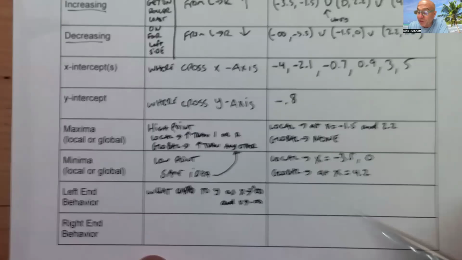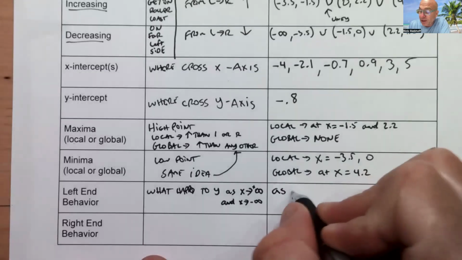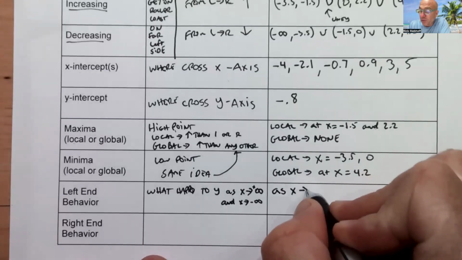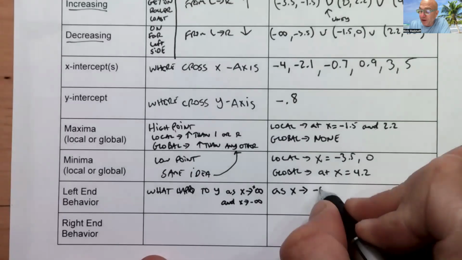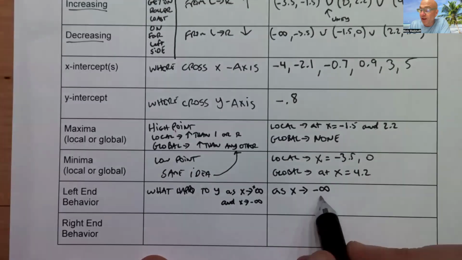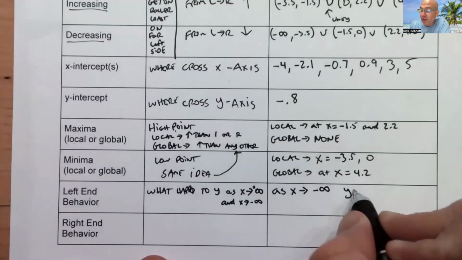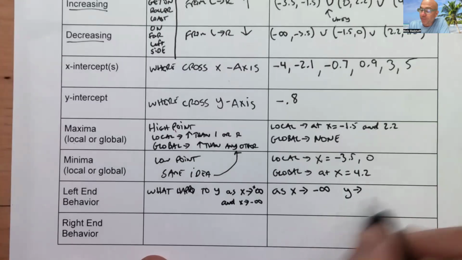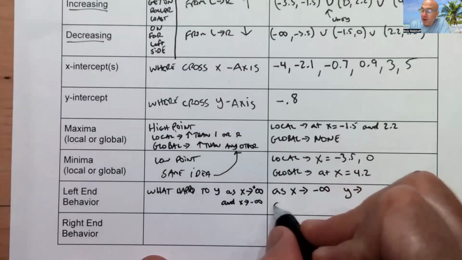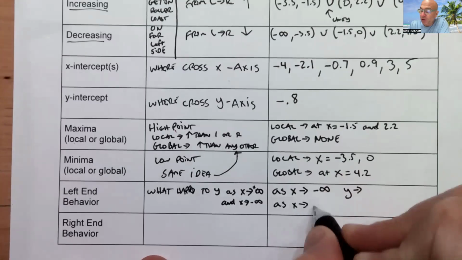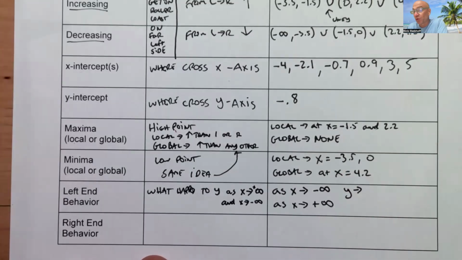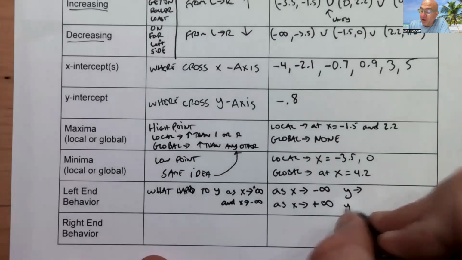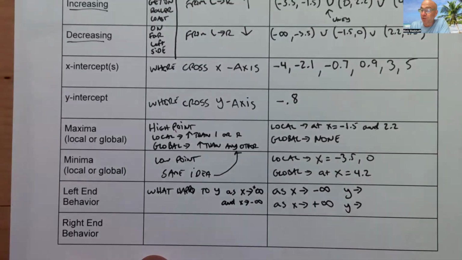The way we do this is we say it in words. As x approaches negative infinity, as we go really far to the left, the y values get closer to what? And as x goes towards positive infinity, as we go out to the right, my y values get closer to what? So let's check it out.